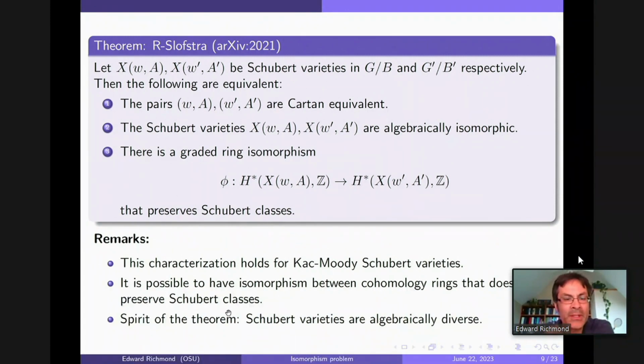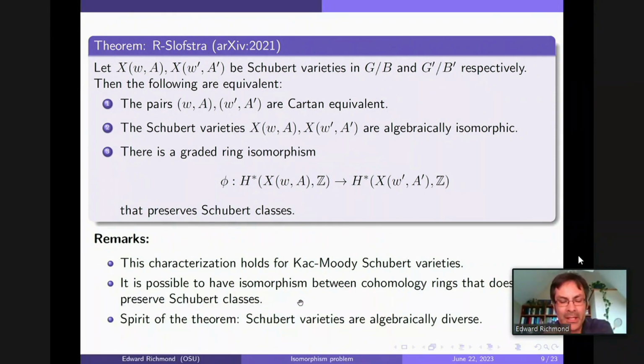The spirit of this theorem is basically that Schubert varieties are algebraically diverse. What I mean by this is that if you happen to be given two Schubert varieties and they happen to be isomorphic, then they're going to be isomorphic in a pretty obvious or fairly trivial way. If you're given two random ones, chances are they're going to be different.